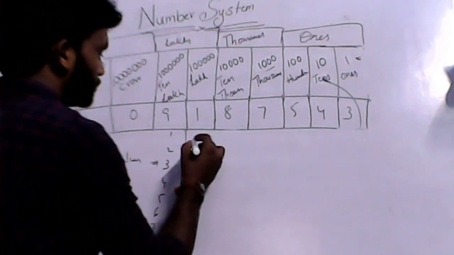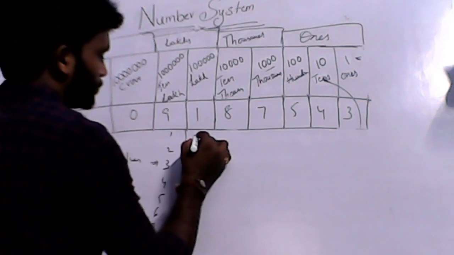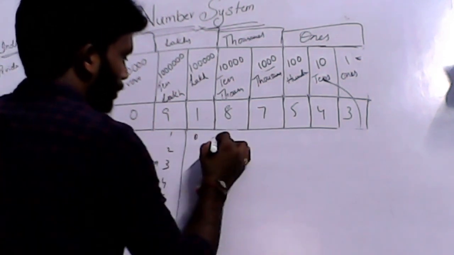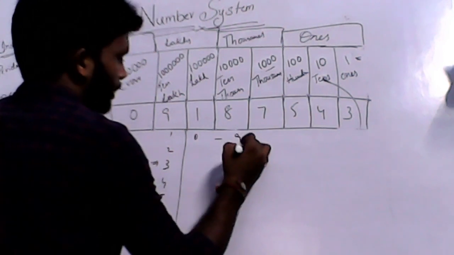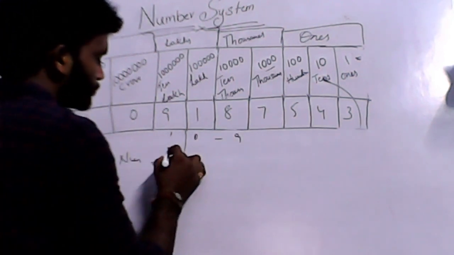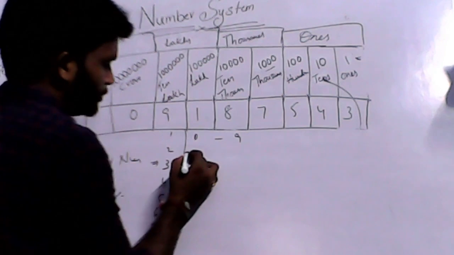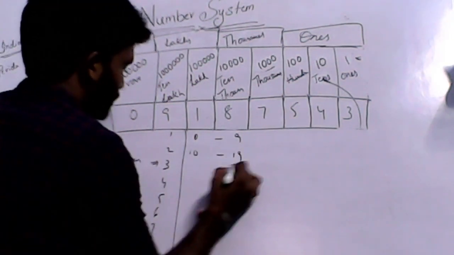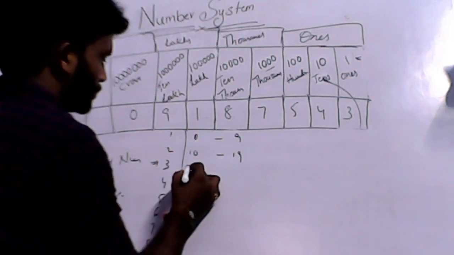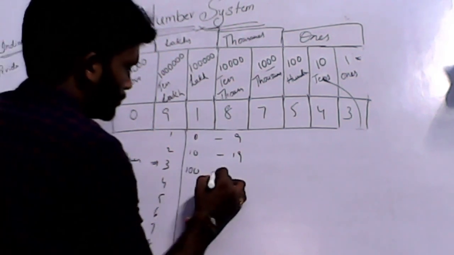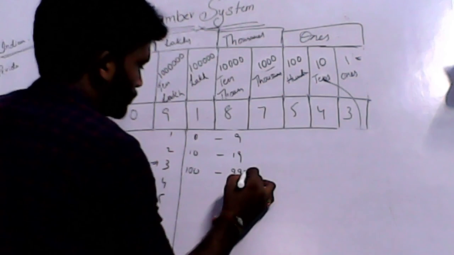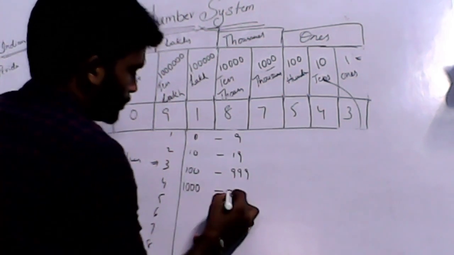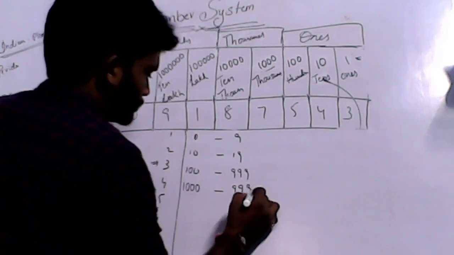So for this, the smallest number will be 0 and the greatest one is 9, right? Here the smallest one is 10 and the greatest one is 99. Here 100 and 999, 1000 and 4 nines.